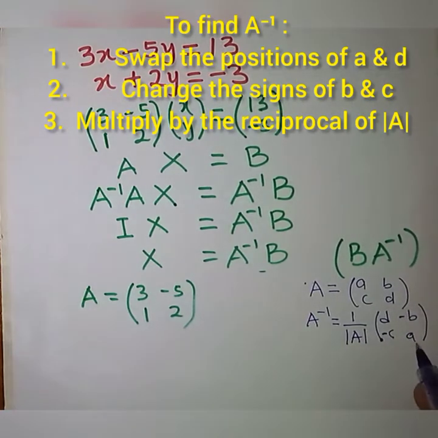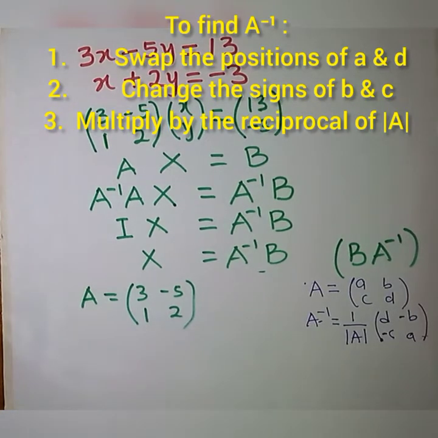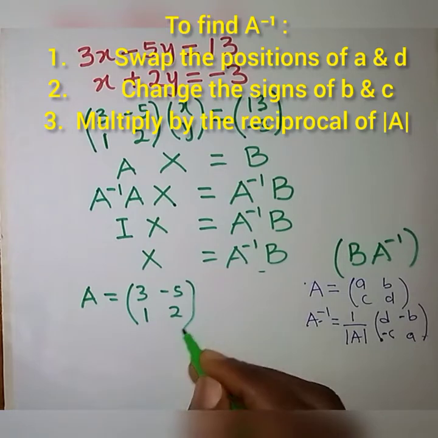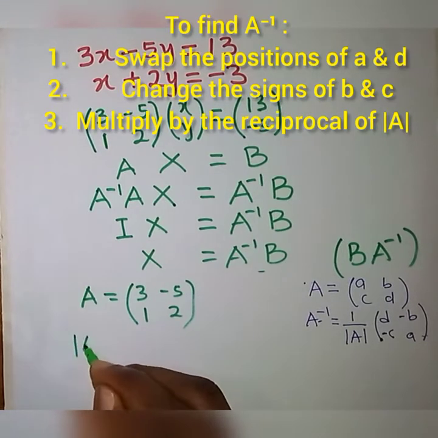So this gives the inverse of A: 1 over the determinant of A times this new matrix that is formed.